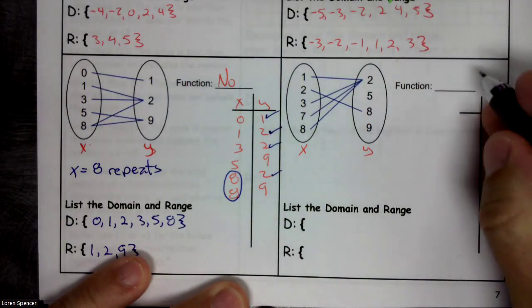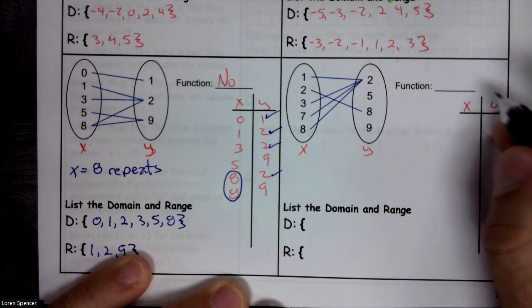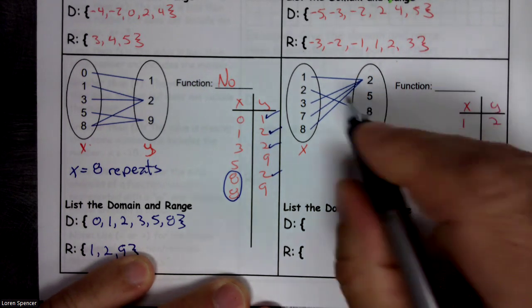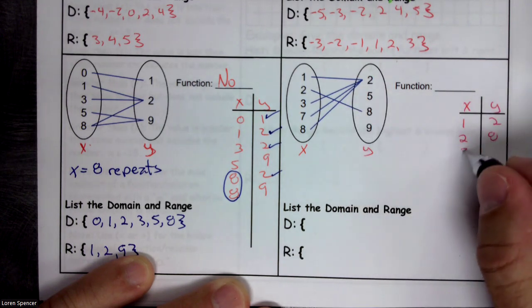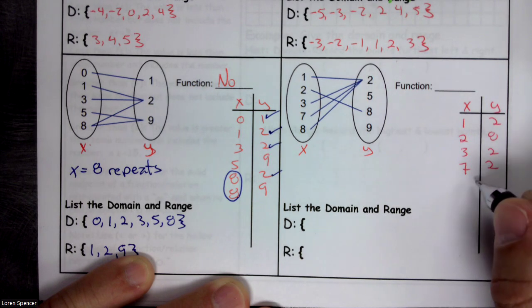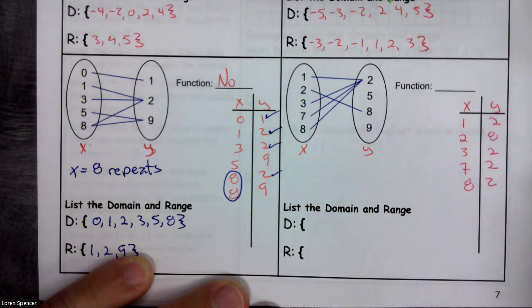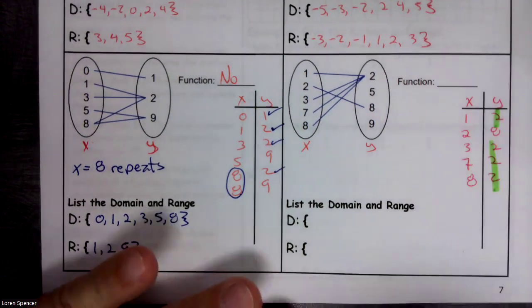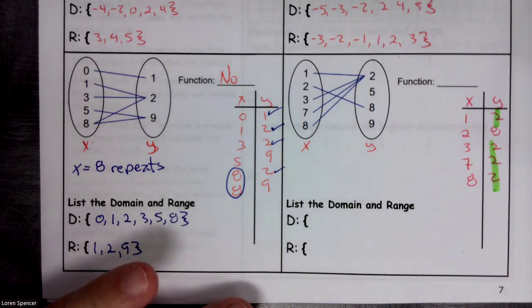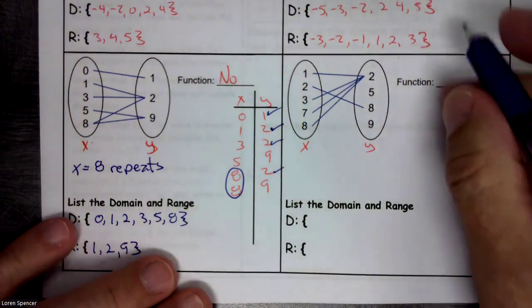The next one, let's do, once again, label the x's and y's. Got a bad habit of that. So 1, 2, 2, 8, 3, 2, 7, 2, 8, 2. I look at this and I have a whole bunch of repeats over here, but they're y's, so we don't care. When I look at the x's, there are no repeats.